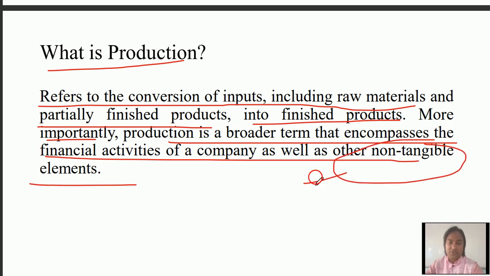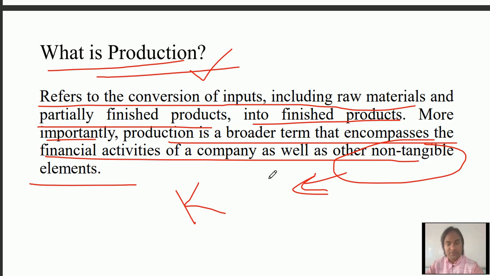Like your knowledge is non-tangible. So, in manufacturing, knowledge is used on how to make low-cost parts and reduce the wastage. So, in that sense, production is a wider term in comparison to manufacturing. It involves economics also.